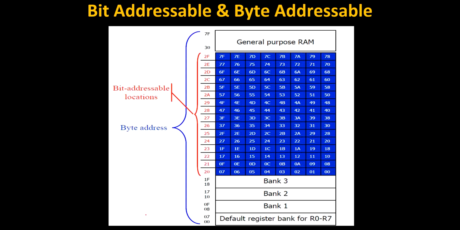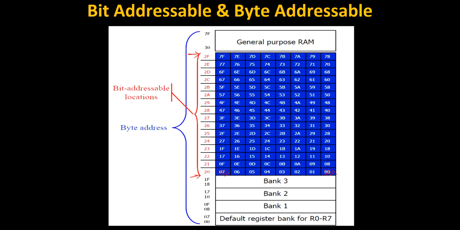Next we'll come to bit addressable and byte addressable. In the area, we came to know that the bit addressable locations start from address 20H to 2FH. So 20H means the starting address is 00 first location, and 07.